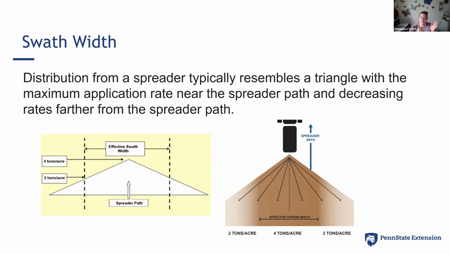So if our goal is to apply 4 tons per acre, we can see that at some point we're no longer applying 4 tons per acre. And so we need to consider overlap in that process so that the whole field is getting on average 4 tons per acre.